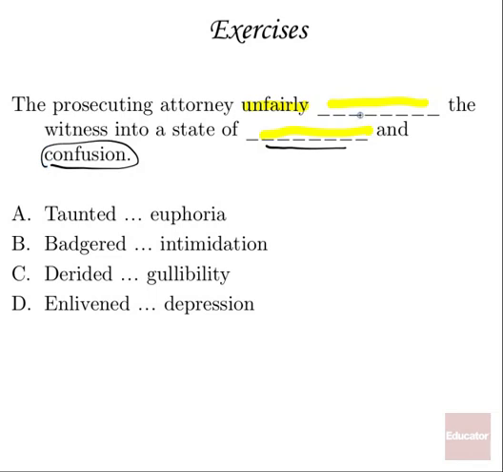And I know whatever word goes here is going to fit with unfairly. So let's go ahead and go through this. Unfairly taunted. Taunted just means making fun of somebody. So maybe this one might be the correct answer. Not too sure what euphoria means yet, so I'll put a question mark next to that one. Unfairly badgered.